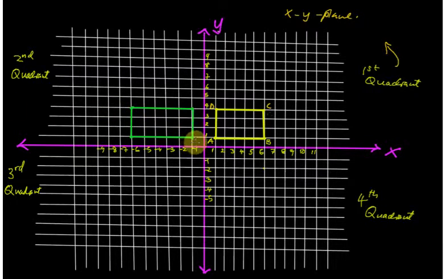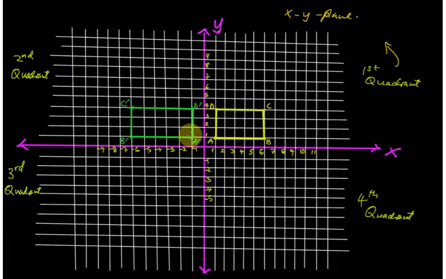So this is going to be our A dash, this is going to be our D dash. Exactly, this is what is going to be seen here. This one is going to be our B dash, and this one is going to be our C dash. C dash is going to be there. So these are the object and image.